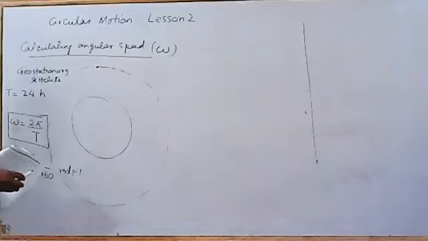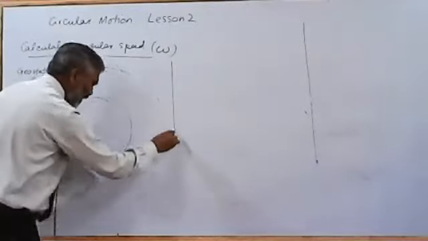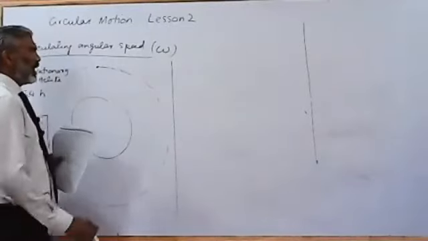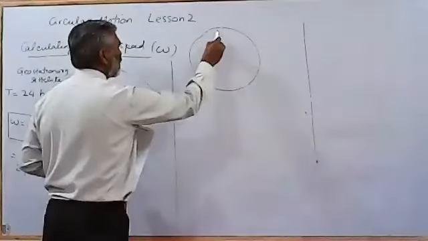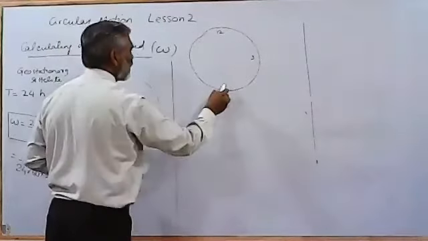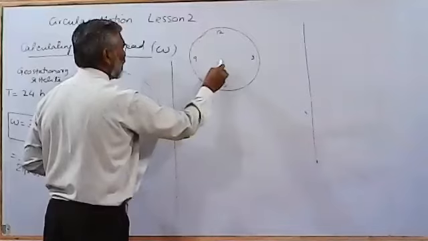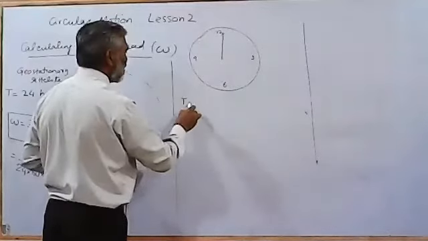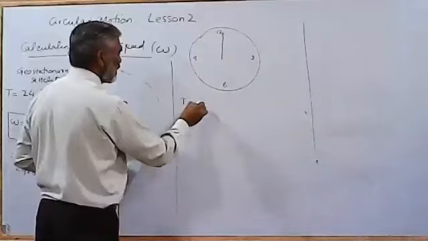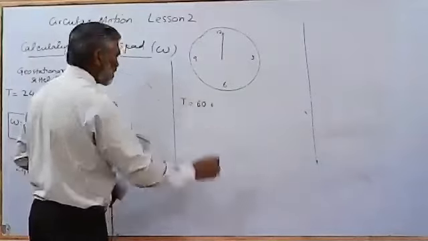Another simple example is that of the second hand of a clock. This is a clock with 12, 3, 6, 9, and this is the second hand of the clock. The time period for this second hand is exactly 60 seconds.